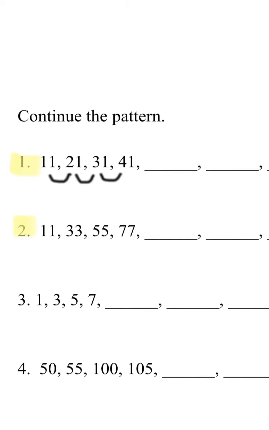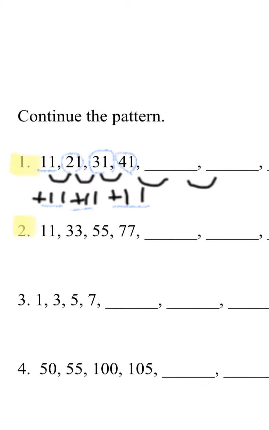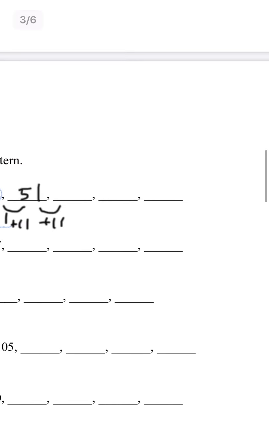So if you just add 11 to each number. 11 plus 11 equals 21, right? 21 plus 11 equals 31. 31 plus 11 equals 41. So then what you do is you just continue on by adding 11. Okay, so that becomes 51, 61, 71, and 81.